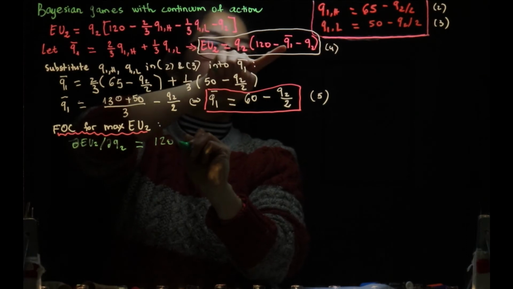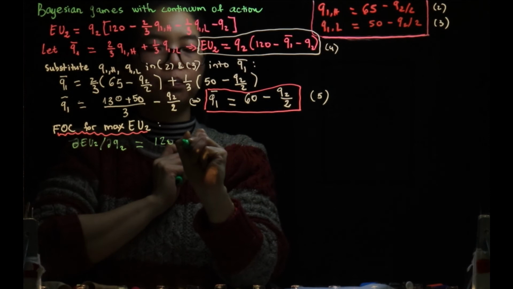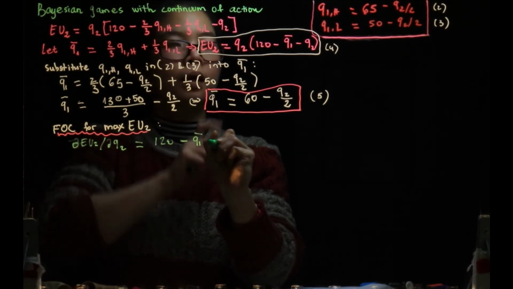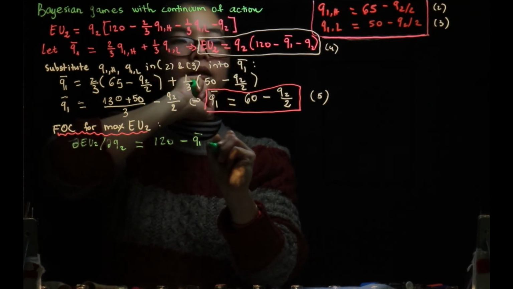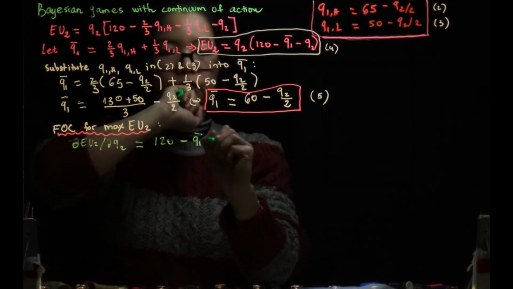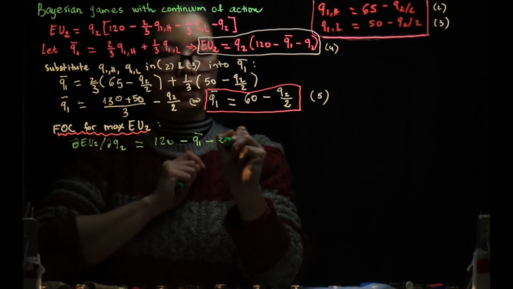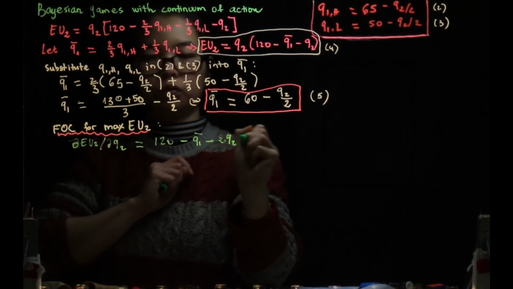Q2 times minus Q1 bar, derivative would be minus Q1 bar. Q2 times minus Q2, meaning minus Q2 square, derivative will be minus 2 Q2, right?